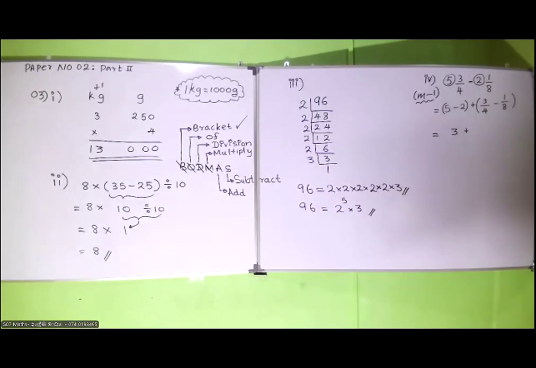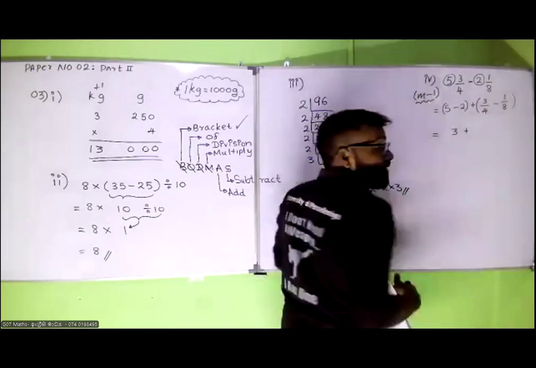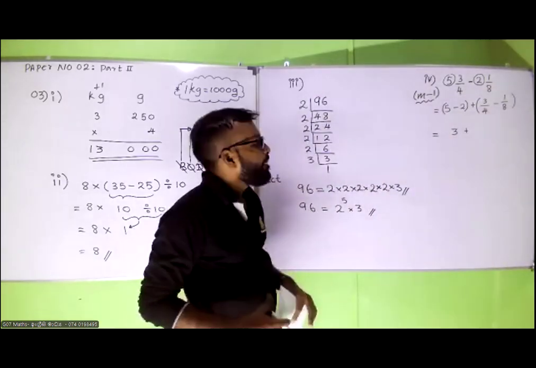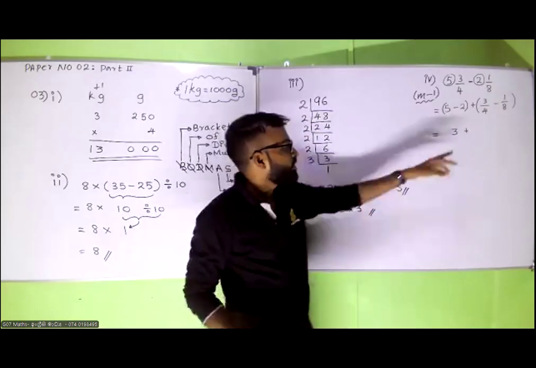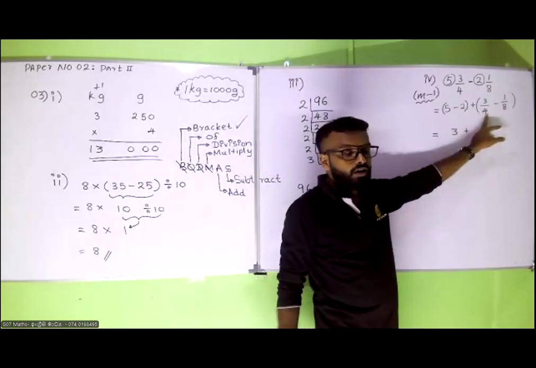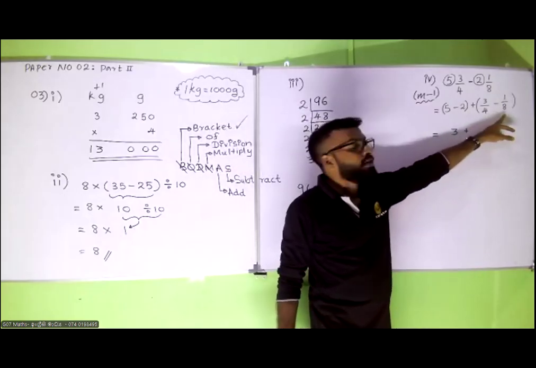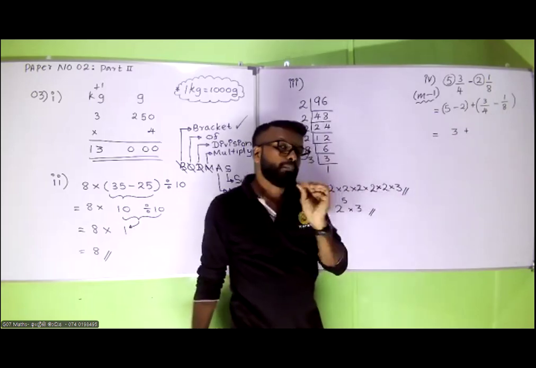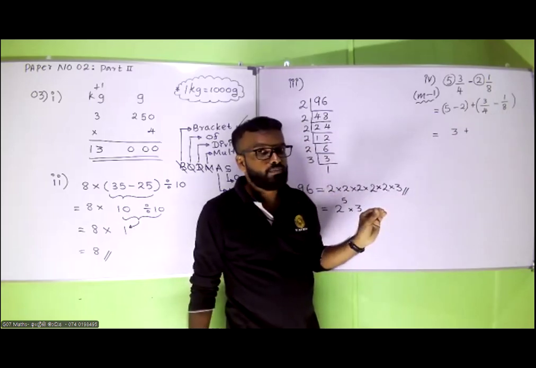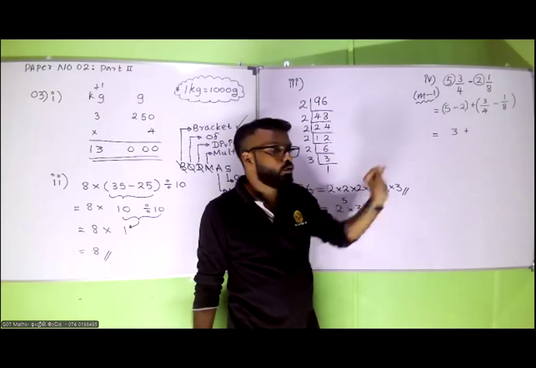Multiply both numerator and denominator of 3 upon 4 by which number? So I will do this. Here we have number 4 as the denominator and here we have number 8 as the denominator. Basically we are going to find the LCM, least common multiple, for simplifying this.